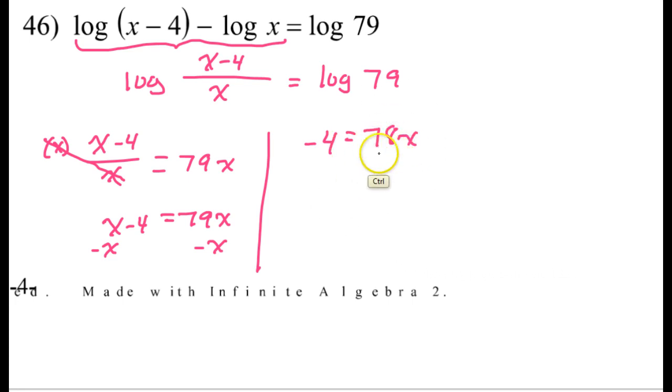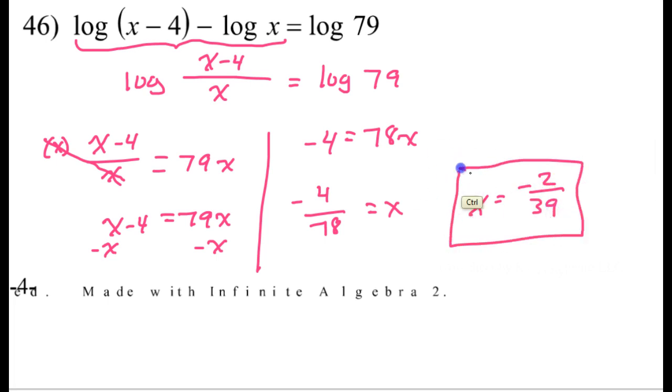And then if I just divide both sides by 78, that's going to give me negative 4 over 78 is equal to x. And then it's just a matter of reducing this. Okay, so this would be the final answer. X equals negative 2 over 39.